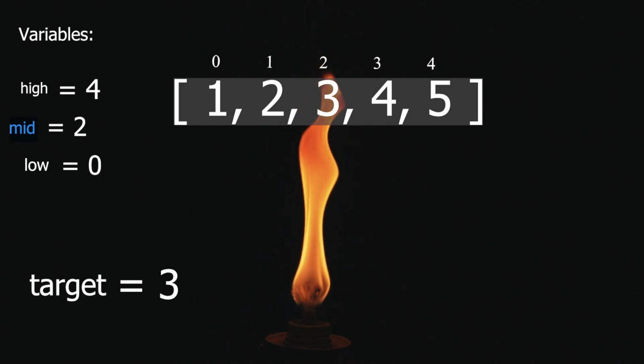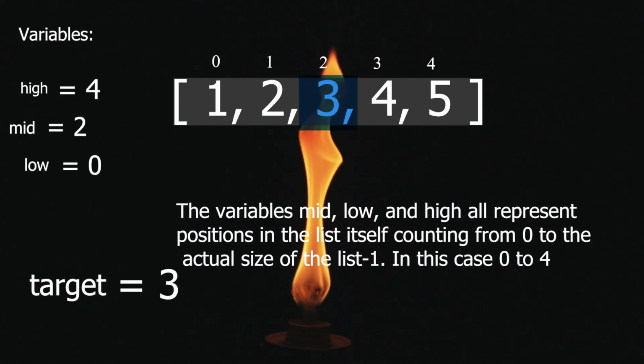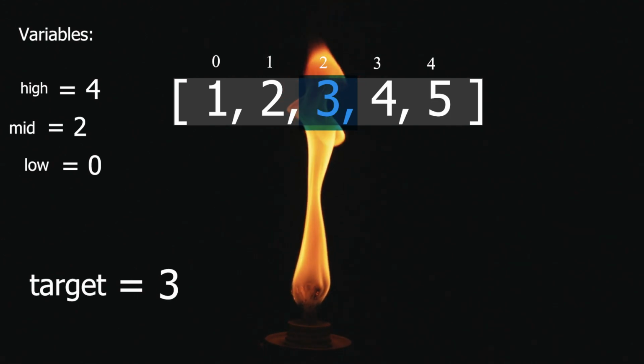You then take the midpoint and check if the number in that position in the array matches the target. If you look at index 2, which is the number that we got from the calculation, we see that the third number in the list is not the second number because of how the array system works.